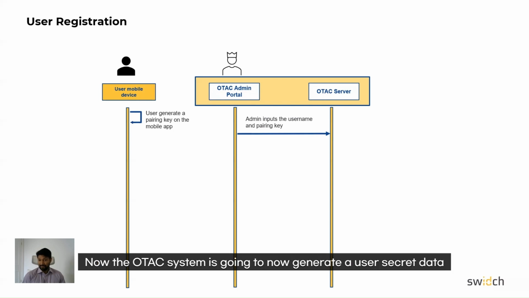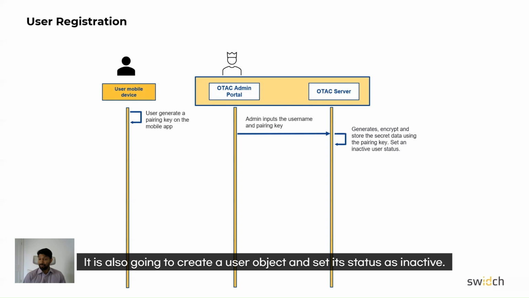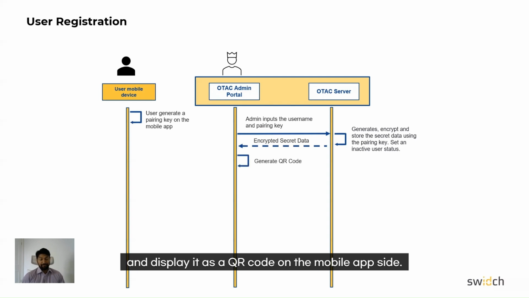Now, the OTAC system is going to generate a user secret data, and it's going to encrypt that secret data with the pairing key that it received from the user's mobile phone. It's also going to create a user object and set its status as inactive. It's going to return that encrypted data back to the admin portal and display it as a QR code.